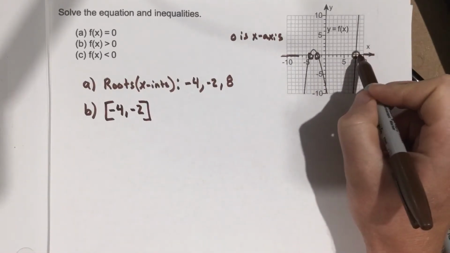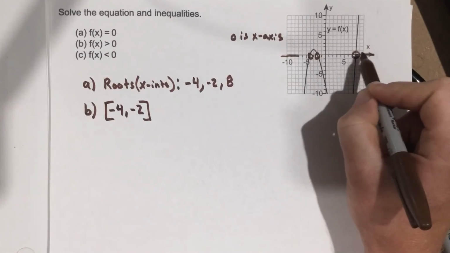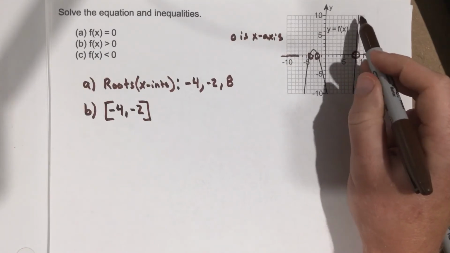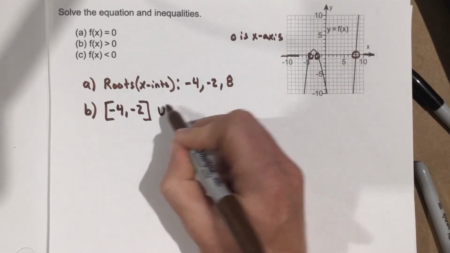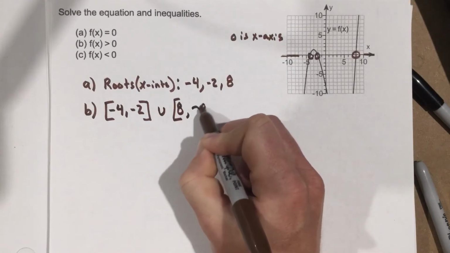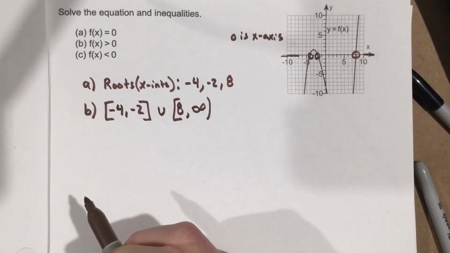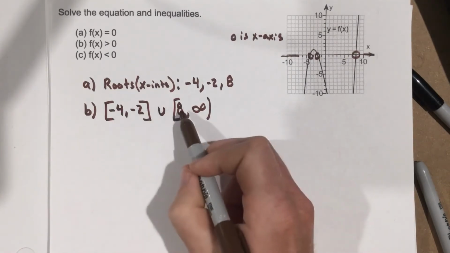But it's also greater than 0 from, looks like 8 to infinity, right? Because this is staying above 0 after 8, so from 8 to infinity. So we're going to say union 8 to infinity. So our solution set runs from -4 to -2, and then from 8 to infinity.